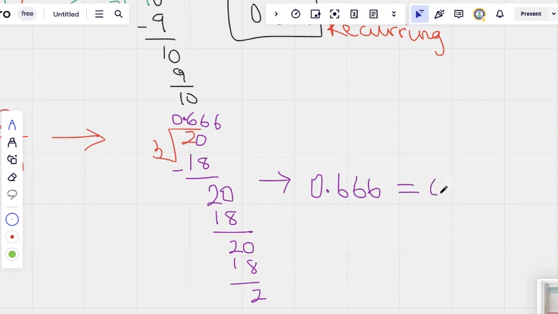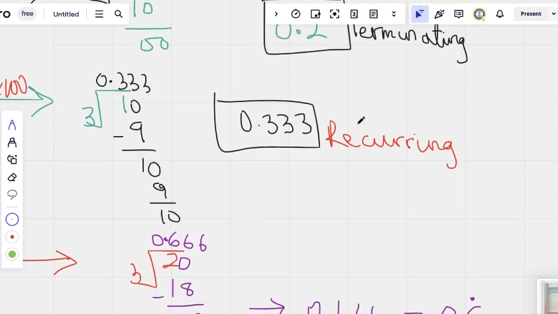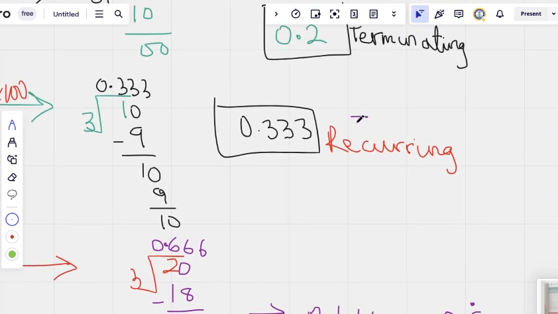So the best way is just to write 0.6, and then we put a dot on top of the 6. What this dot means is that this 6 keeps repeating itself. It means this is a recurring decimal. So this one can simply be written as 0.3.